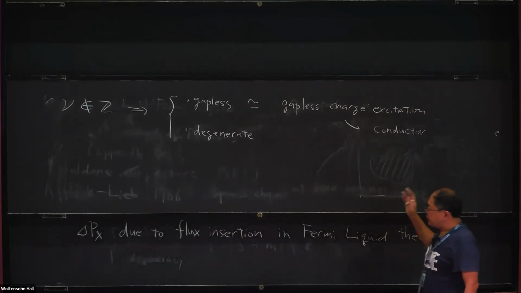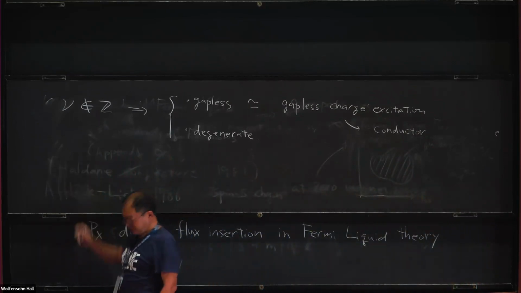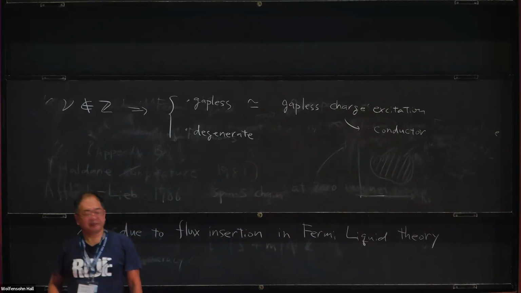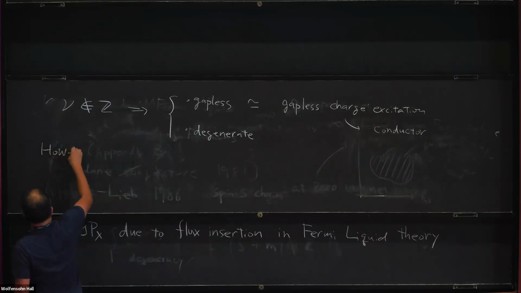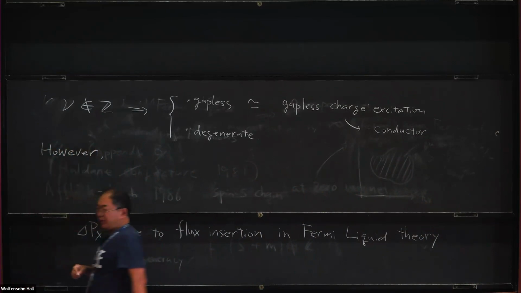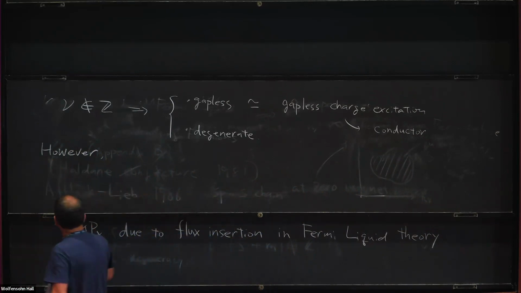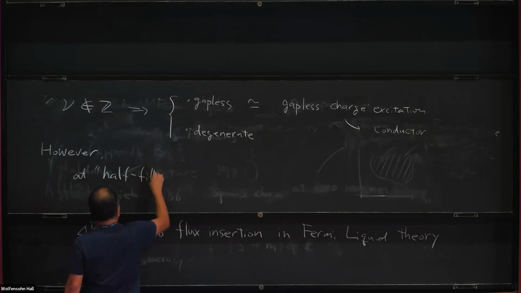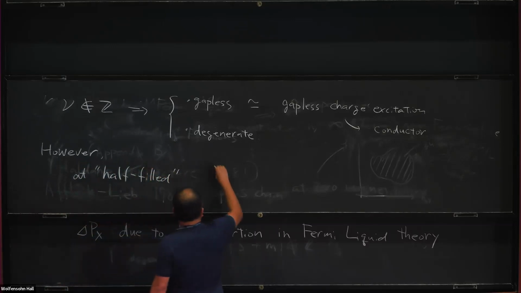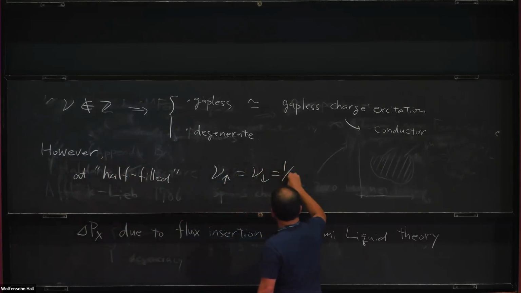But of course, sometimes this total filling factor can be integer. For example, we are often interested in the so-called half-filled case. Here nu up and nu down are both 1/2.